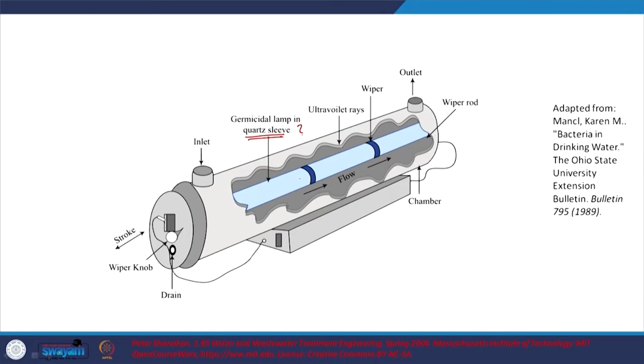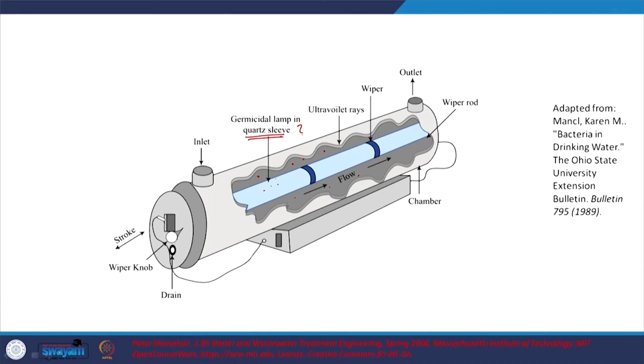Within that you will have the UV, and UV will come out and pass through the quartz sleeve, and then you are going to have irradiation of the water. Again, because the kinetics is so fast, especially with intensity, you can maintain it pretty well. Just small chambers are good enough to cause your disinfection, especially with UV. Obviously scaling and such, you have to look at it, but that's a different aspect.